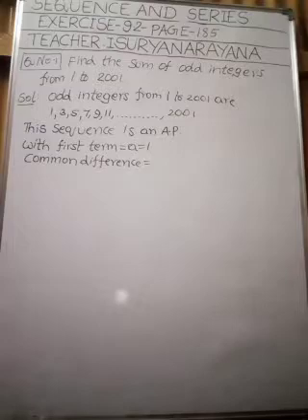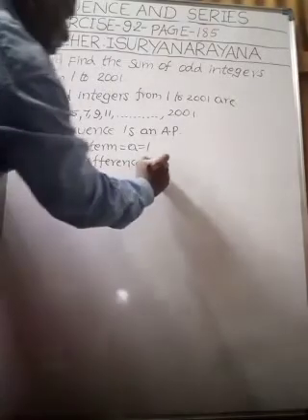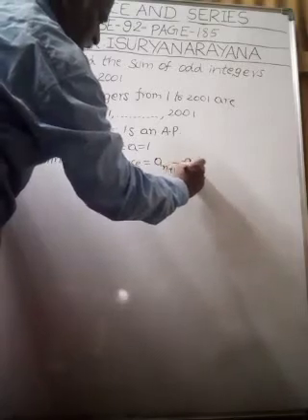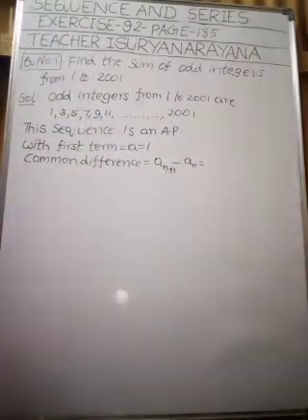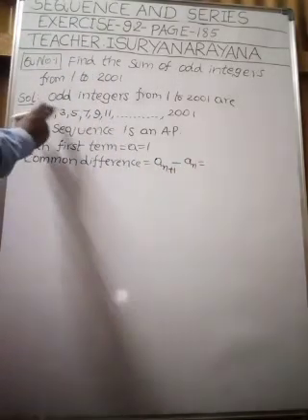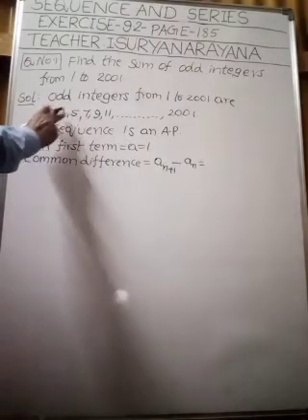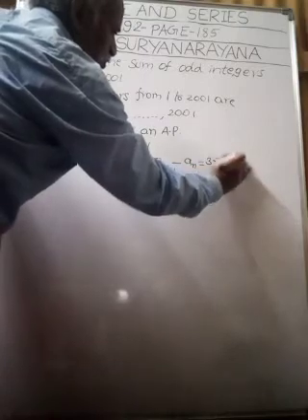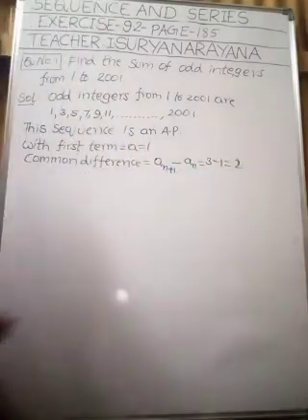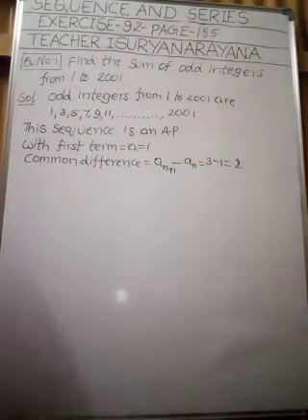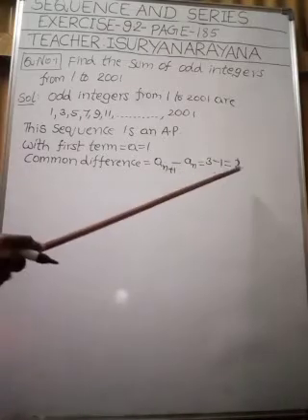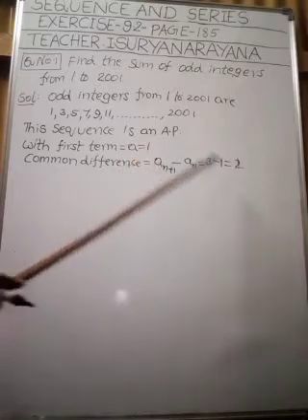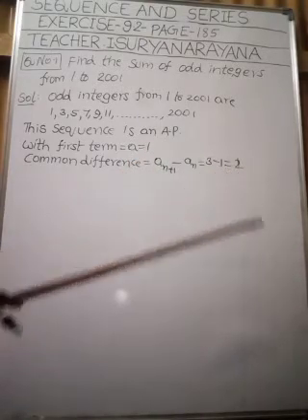How do you find the common difference? a n plus 1 minus a n, which means second term minus first term, or third term minus second term. 3 minus 1, what do you get? 2. That is the common difference of this arithmetic progression. We found the first term and the common difference.